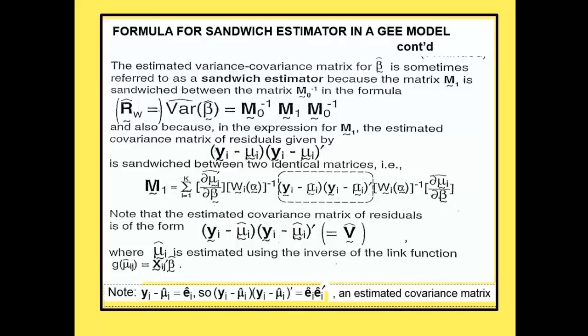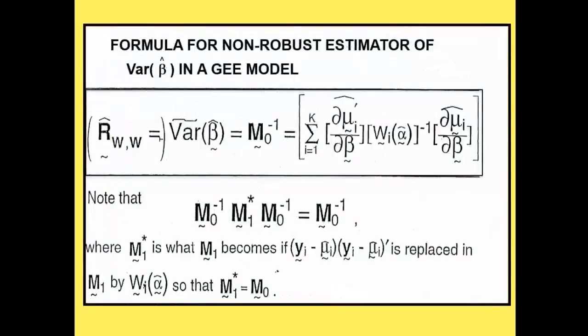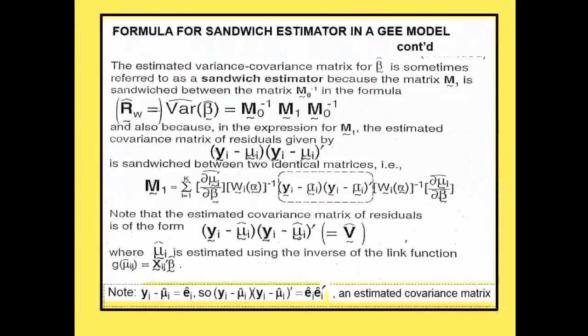And so what I'm saying here is that when you use this formula, M0 inverse times M1 times M0 inverse, you're using a formula that involves a part that involves the working correlation matrix and a part that involves some estimate of the covariance structure that doesn't consider the working correlation matrix.